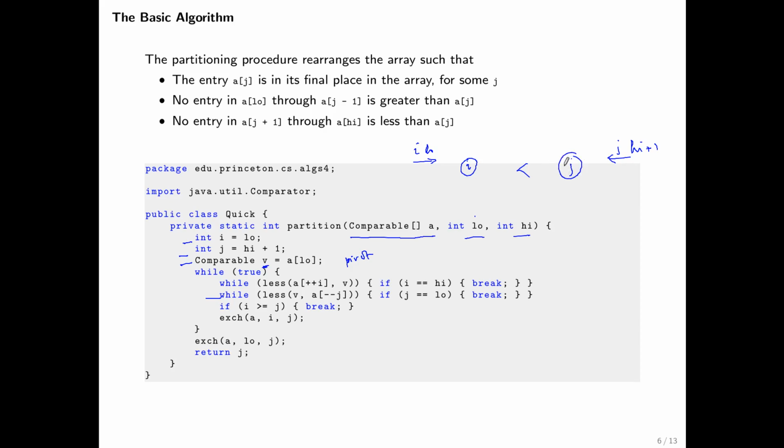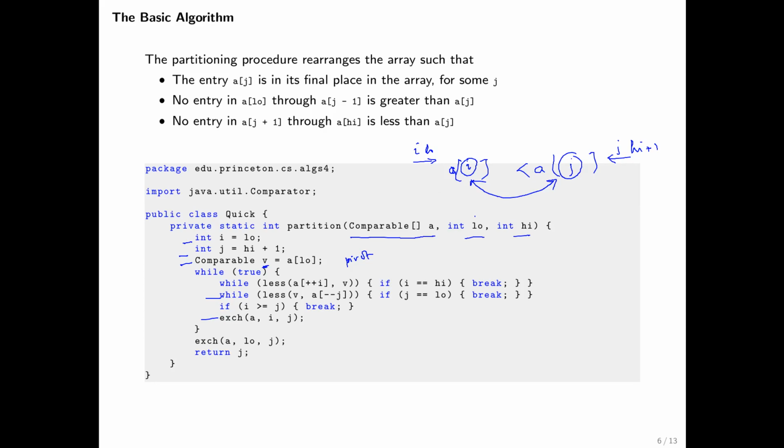That means they are on the wrong side with respect to the pivot, so they need to be exchanged, and that's what this line does. It takes A at i and A at j and simply exchanges them. Once the exchange is done, the two elements are on the right side with respect to the pivot.